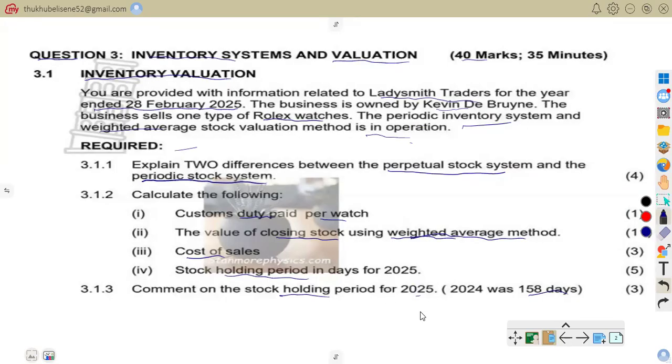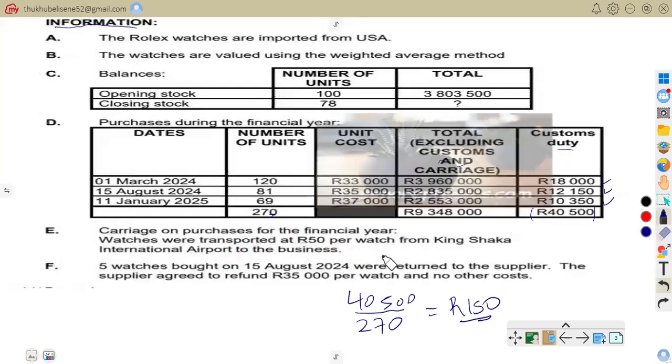So now let us get to our information. So for us to calculate the closing stock, we are going to use these values, these total amounts of these values, as well as then divide them by the number of units.